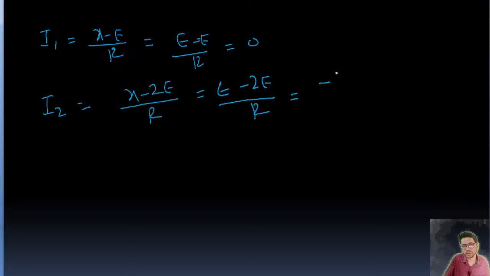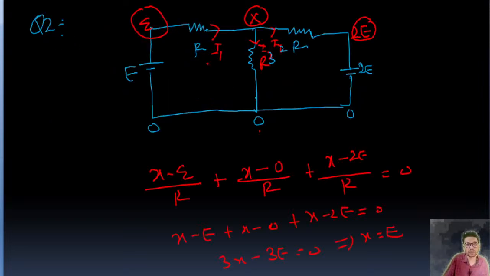So this means minus e upon r. Minus e upon r means the direction of I2 is not the direction of I1, right? So the direction we have chosen, now direction is this. Okay, minus.